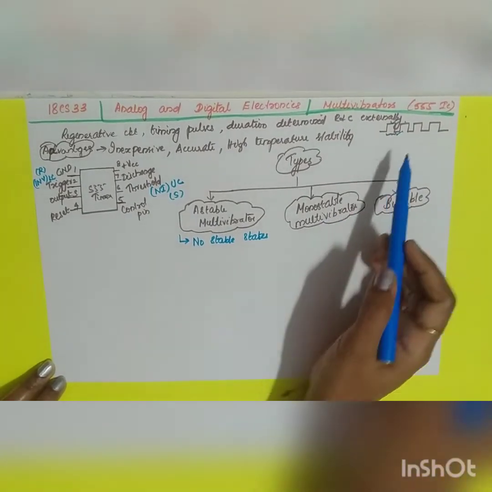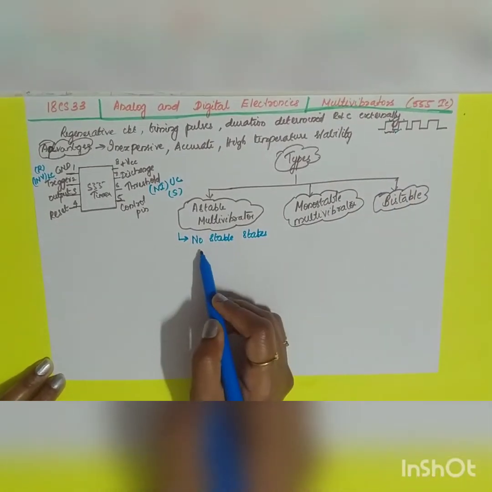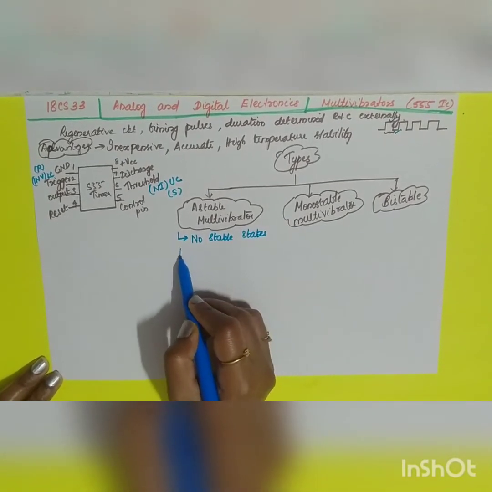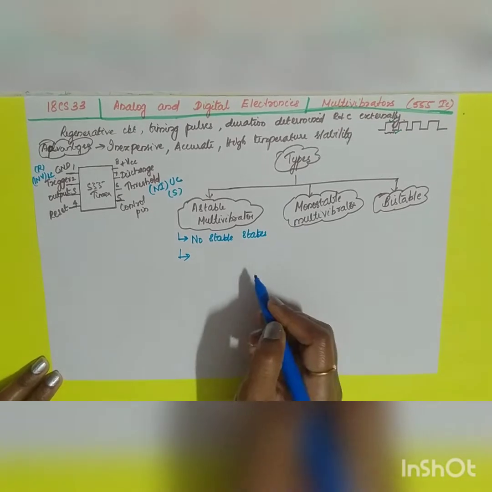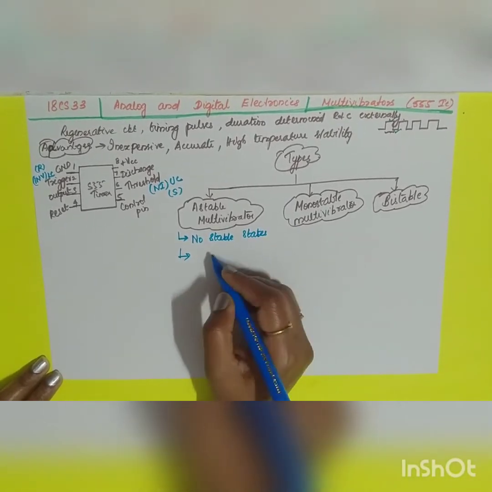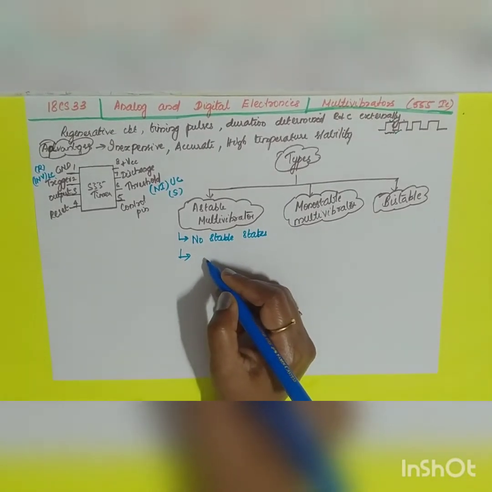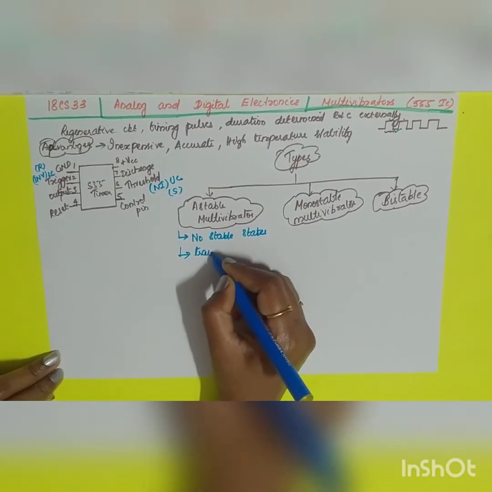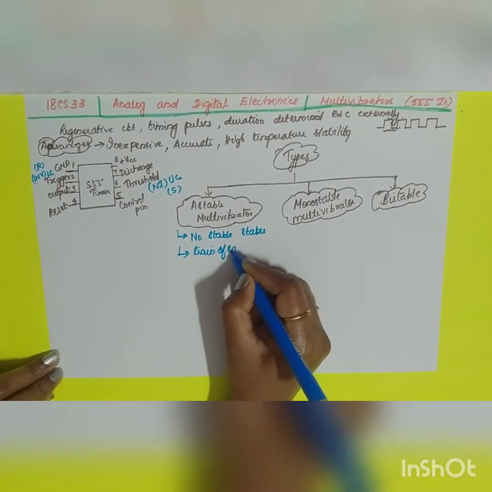On and off both are not stable; it doesn't contain any stable state. That is called your astable multivibrator. Since it doesn't contain a stable state, it will generate a train of square wave pulses.